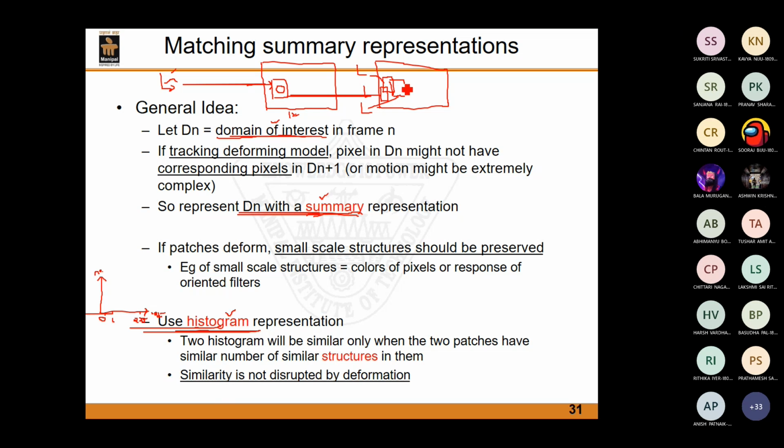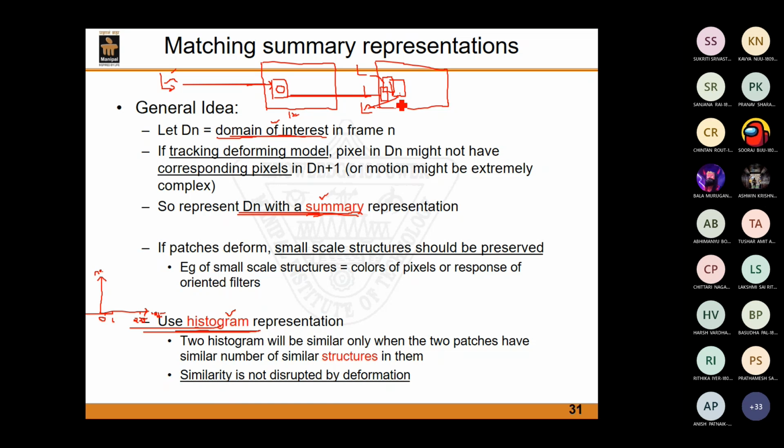So let's say this is the neighborhood where it showed the highest similarity in the histogram. Then we say that the object which is present over here in the first frame has moved to this particular location in the second frame.